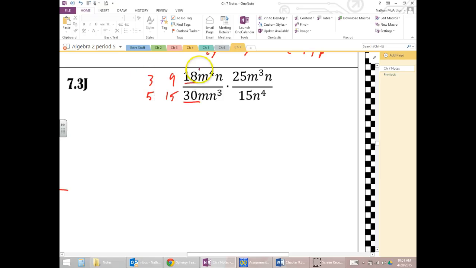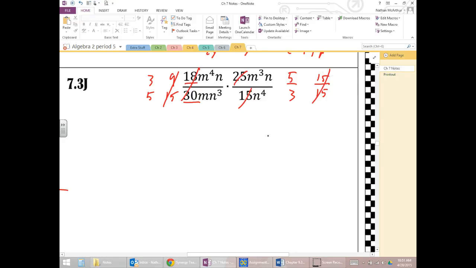So this number right here is going to reduce down to be 3/5. 25 and 15 reduces to be 5 over 3. So by simplifying the numbers, it makes the number smaller. So now I have 3 times 5 is 15, and on bottom 5 times 3 is 15. Well, 15 over 15, that's just a 1, so they all go away.